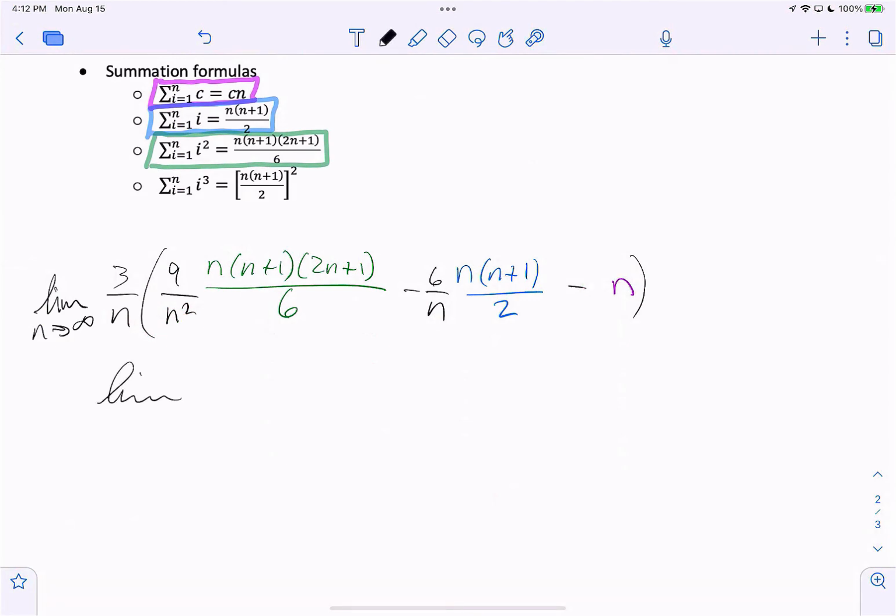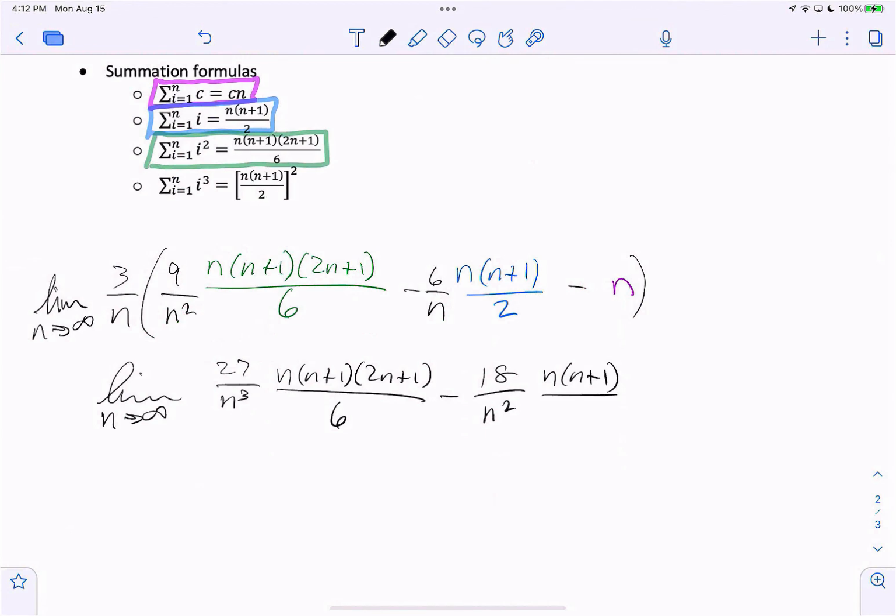We get the limit as n approaches infinity of 27 over n cubed times n times n plus 1 times 2n plus 1 over 6 minus 18 over n squared times n plus 1 over 2 minus 3 over n times n is just 3.